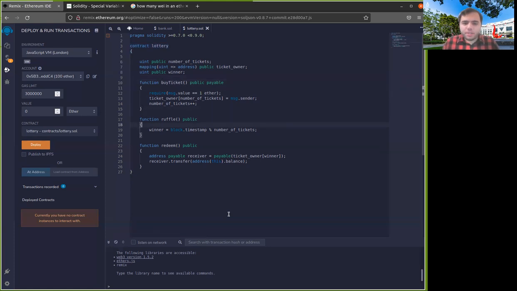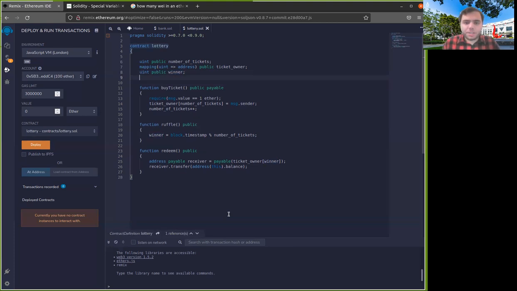And one problem was that the raffle function can be called several times. So maybe I can just have a flag that makes sure I cannot call raffle more than once. So maybe I just have a Boolean. Let's have this one also public. I call it raffle is called.